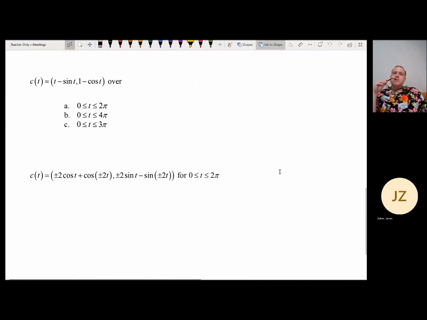Two curves in one. First, we're going to look at all the positive values. Then we'll do the negative values and compare.